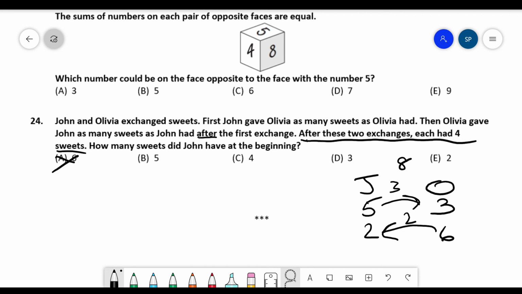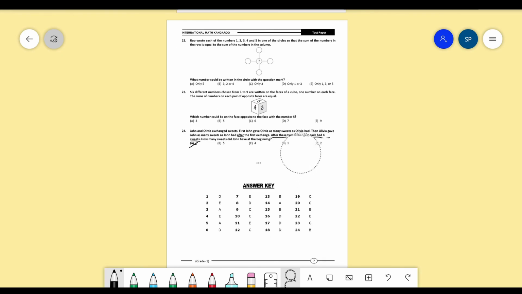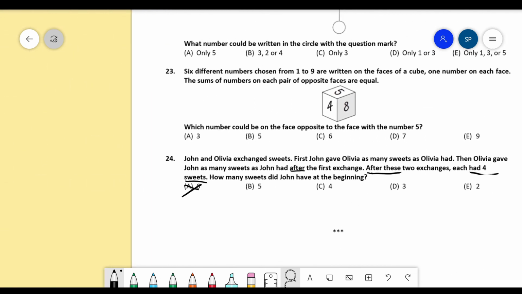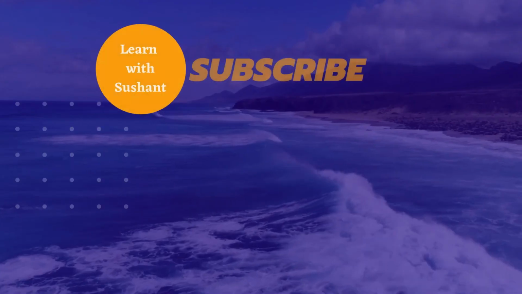So 6 minus 2 equals 4, and 2 plus 2 equals 4, which means they both are equal. So B is correct. Our answer for 24 is B.